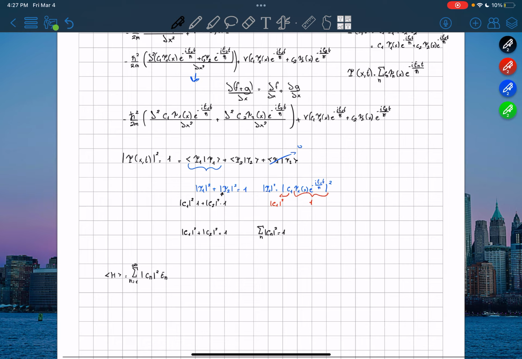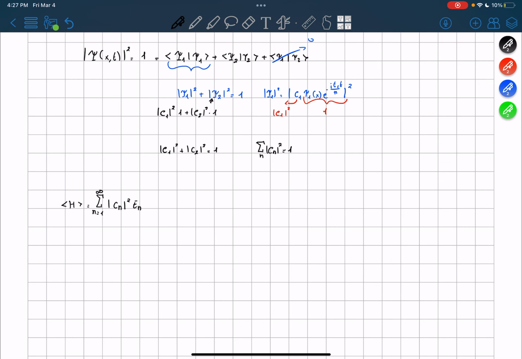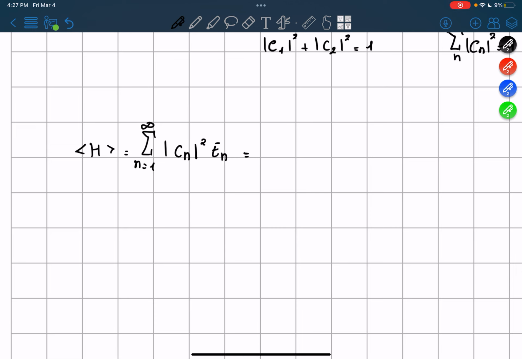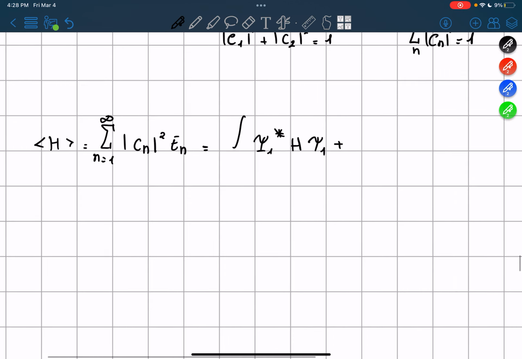And this can be quickly proven if, for example, we were to go back and use our H inside our integral. So we will get the integral from psi 1, then H psi 1, and then plus the same value for psi 2, H psi 2, dx.